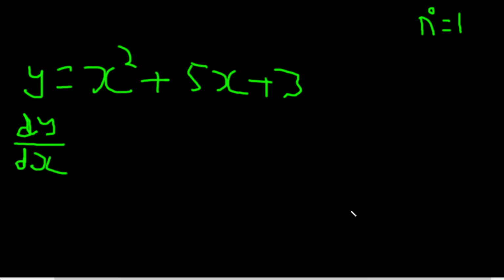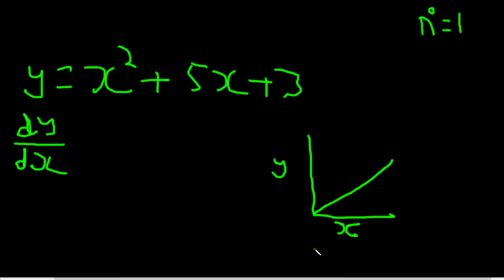It's dy by dx because if you have a graph with y here and x here, d basically means change. So if you have a straight line, dy by dx means how much does y change for 1 unit of x.